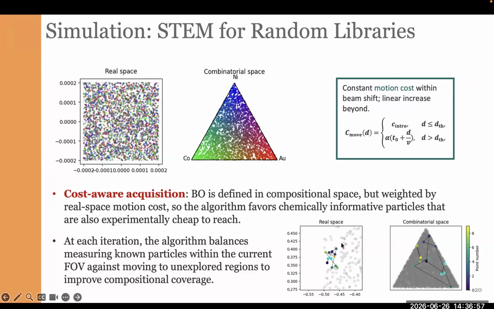As you may see, if we run just several iterations, if we explore just several particles, our exploration is focused within the single field of view. We do not move the stage, we do not change our field of view.